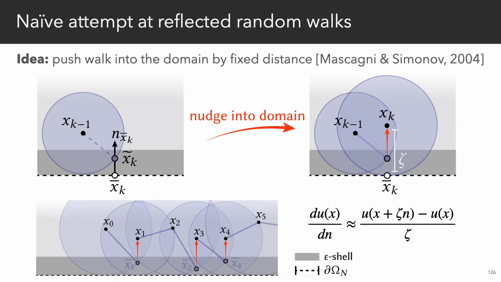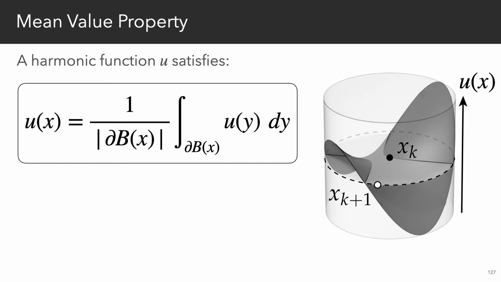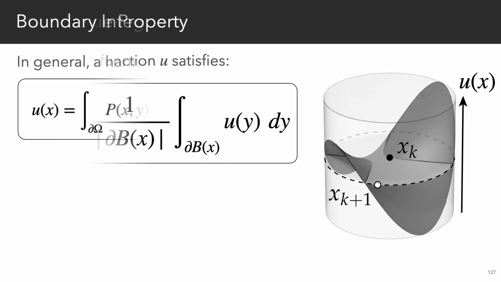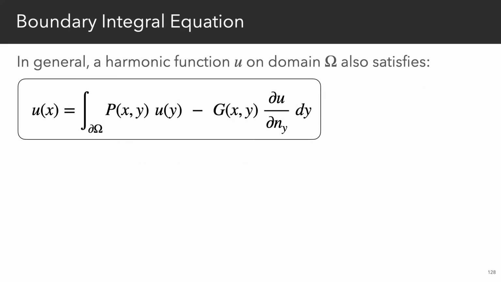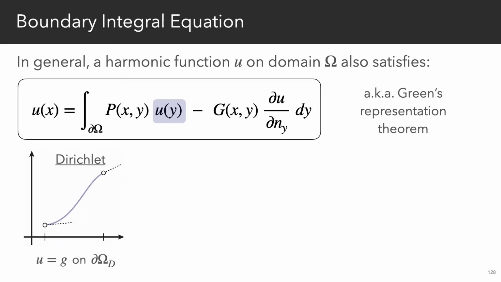So to bypass these issues, we'll have to look for another way beyond just estimating the usual mean value property of harmonic functions. In fact, we'll consider an entirely different integral formulation for harmonic functions called the boundary integral equation. This equation is also sometimes called Green's representation theorem. So, like the mean value property, U is the unknown solution whose value is only known on the Dirichlet boundary.